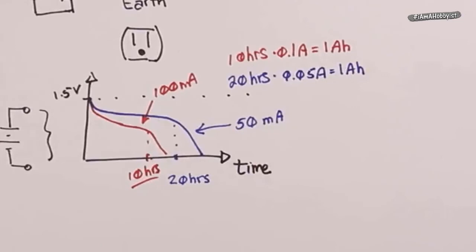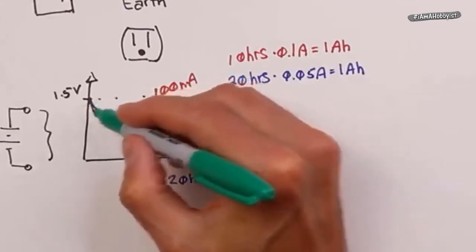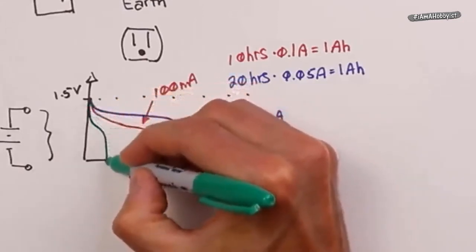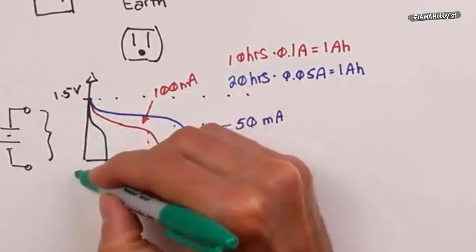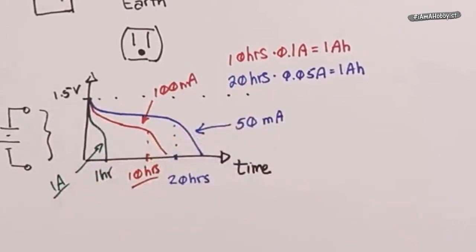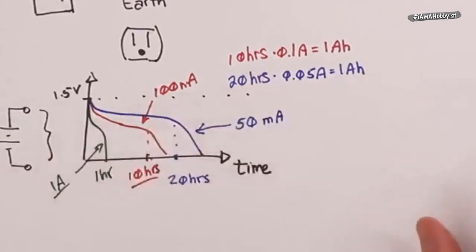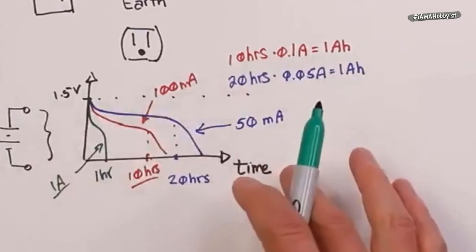If we really push this, in other words, if we said, does that mean if I put an amp in here, that this thing is going to last for 1 hour, if that's 1 amp? Well, probably not. This is not a perfectly linear, nice constant that's going to occur.